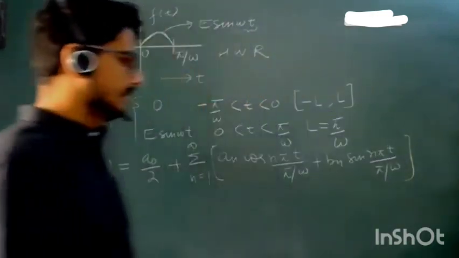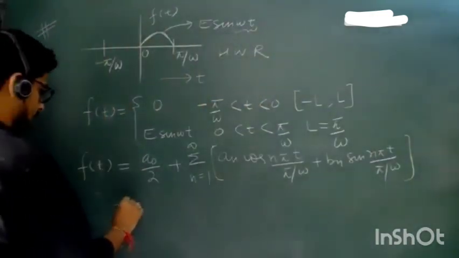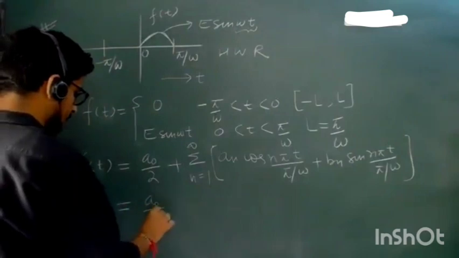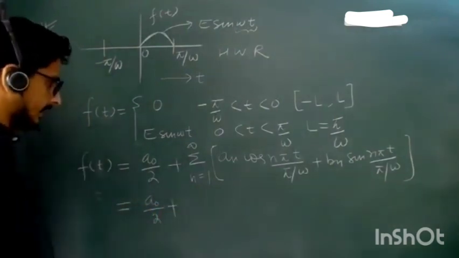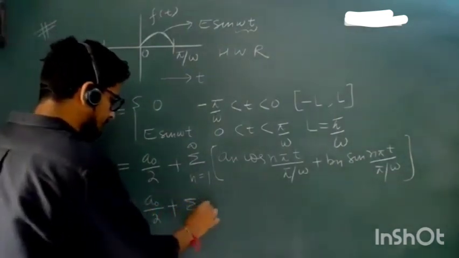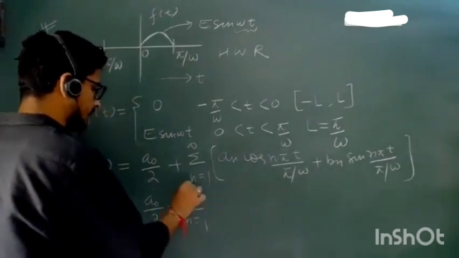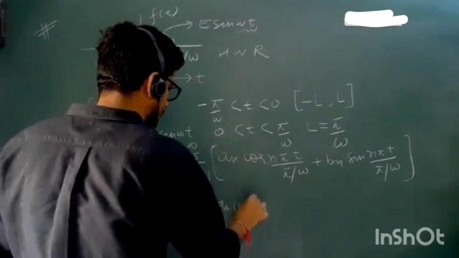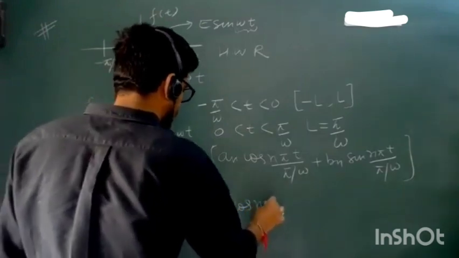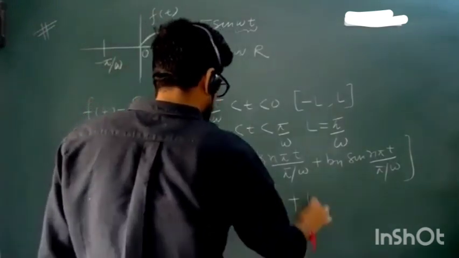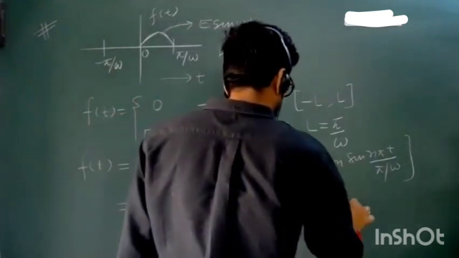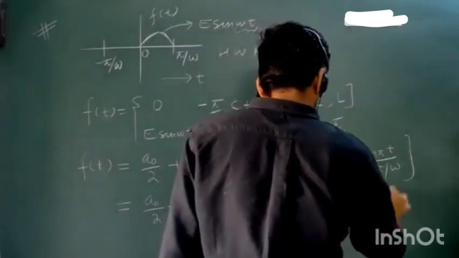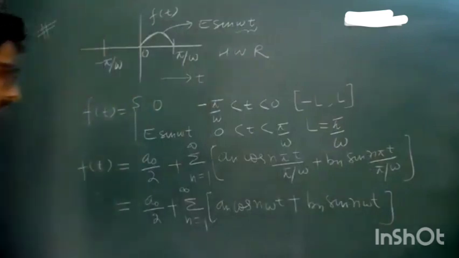This is the situation. So this will become a naught by 2 plus summation n is equal to 1 to infinity an cos n omega t plus bn sin n omega t. This is the situation.